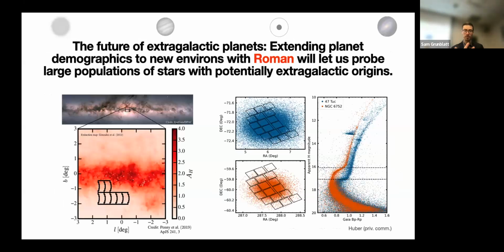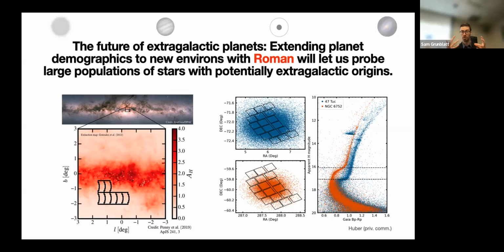And just thinking toward the future, if we continue to look in new regimes of the galaxy, we can study larger populations of stars with potentially extragalactic origins with Roman. For example, the Galactic Bulge Time Domain Survey is going to survey a whole bunch of stars in the bulge of the galaxy.